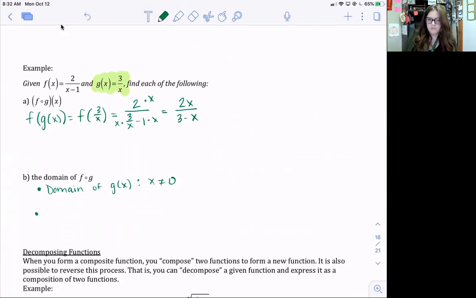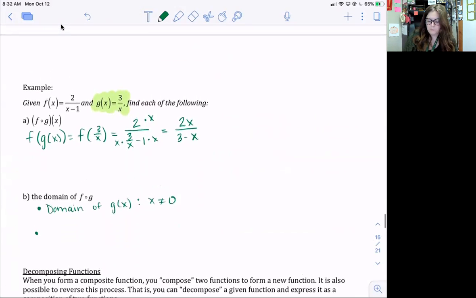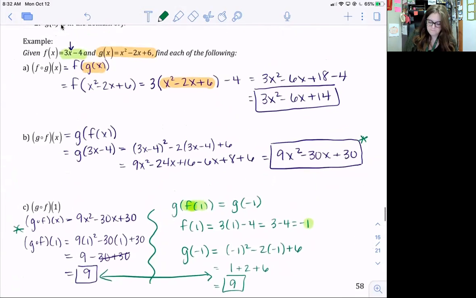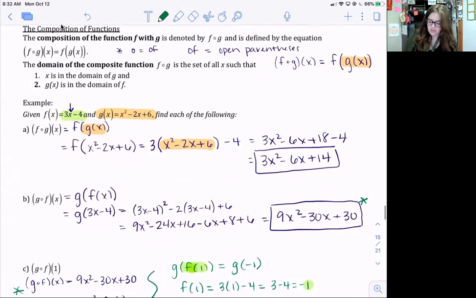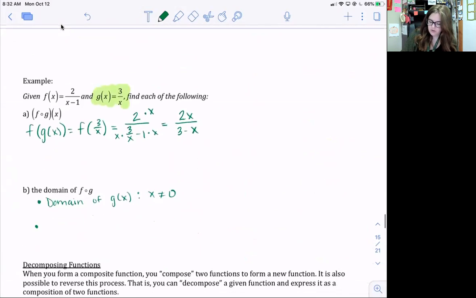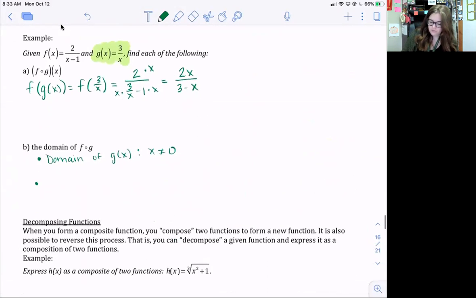Okay, so x is in the domain of g, and g of x. Okay, so now we want to check that everything we plug in from g of x into f will work, okay? But if we do that, okay, if we plug in 1, it won't work.